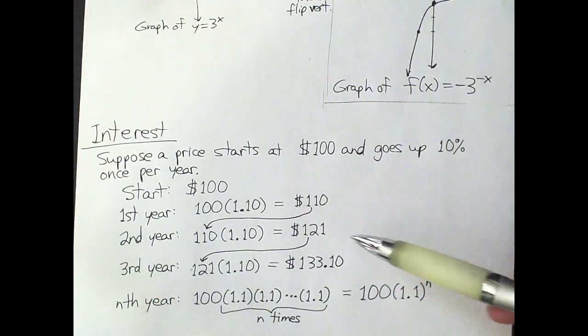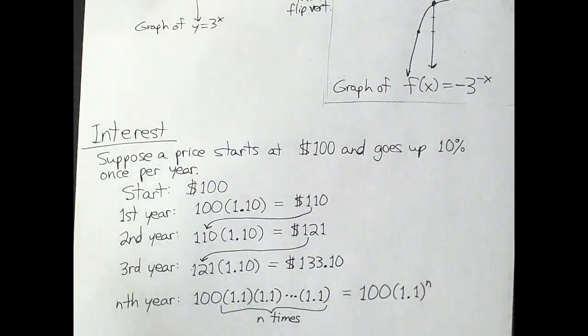Put in n equals 2, you'd get 121. But this also works for larger ones. And it's nice to have this formula because if I wanted to know what the amount is going to be after 10 years, this formula would let me figure that out without having to do year 4, 5, 6, 7, 8, 9. I could just go straight to year 10 by putting it into this formula.